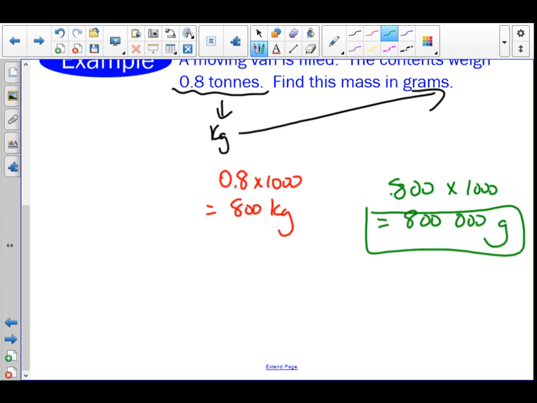But maybe more obvious than that, it's only a one-step problem if you take a look at the unit in the question, which in this case is tons, and you take a look at what you're trying to make it go into, which is grams, and is there a conversion that brings you directly from tons to grams? That's the question. Is there a conversion that goes from tons to grams?